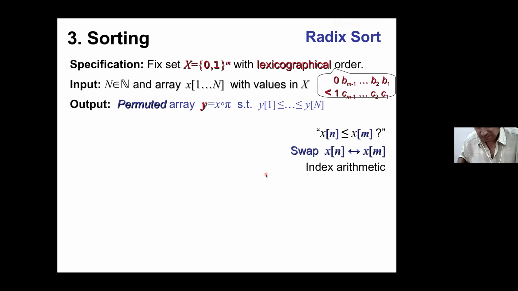Okay. And the idea for this RadixSort is, this is a bit sequence of fixed order. So this number m is the same for every element of the array small x, and it has to be fixed in advance.